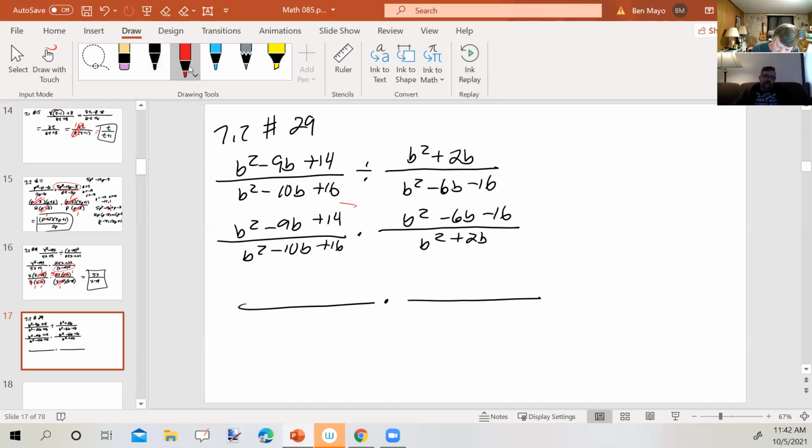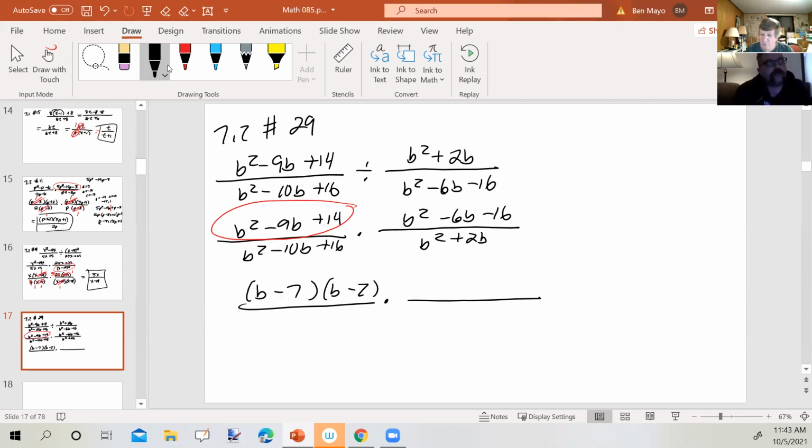So we'll factor this one. That's going to give me a b and a b and a minus 7 and a minus 2. Product is 14, sum is negative 9. And then this one is going to be a b and a b, minus 8 minus 2. Product is positive 16, sum is negative 10.